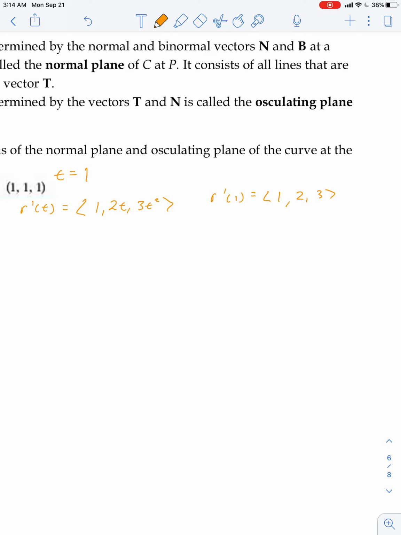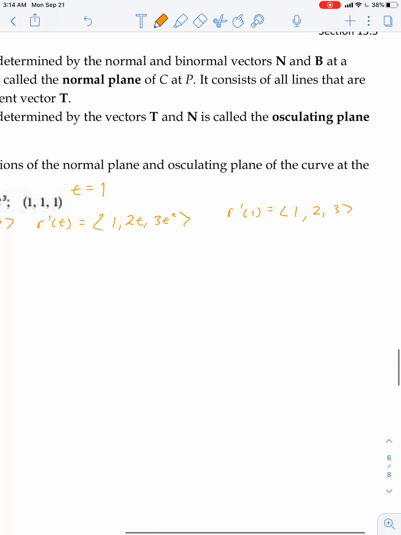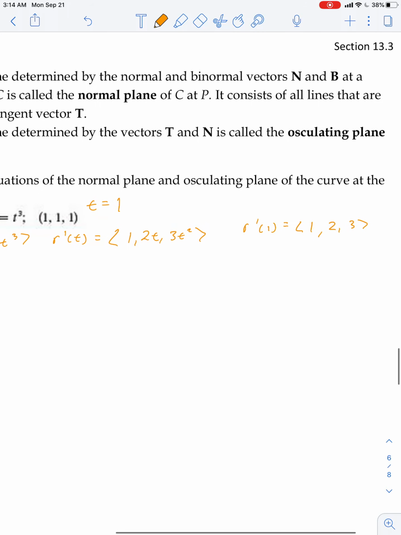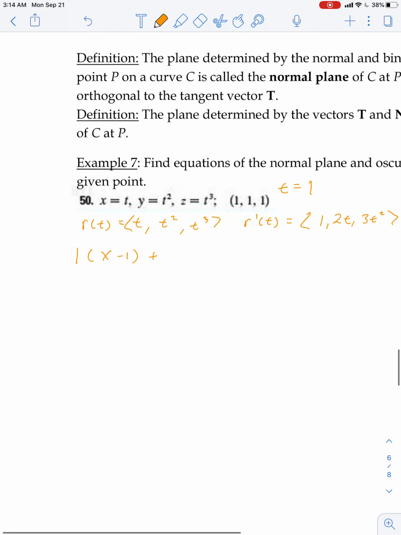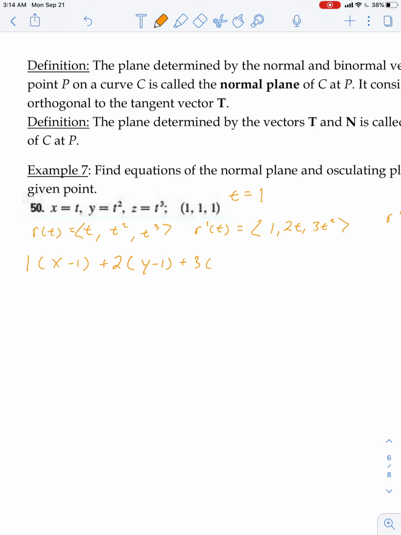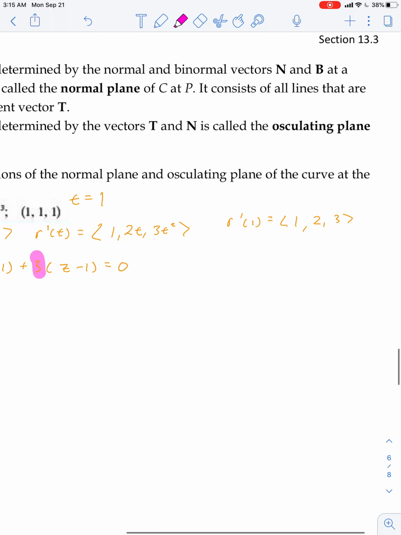Therefore I can write the equation for my normal plane. To write that equation, I'm going to use my vectors: 1 times x minus 1, plus 2 times y minus 1, plus 3 times z minus 1, and that all equals 0.